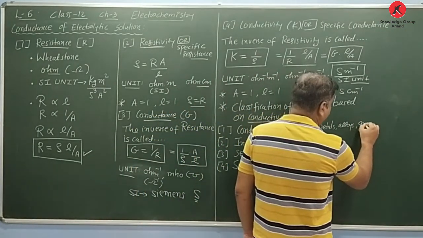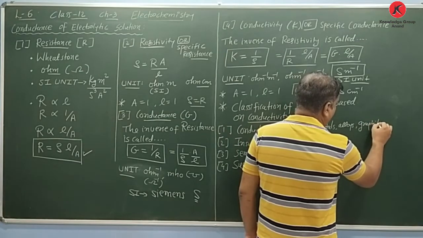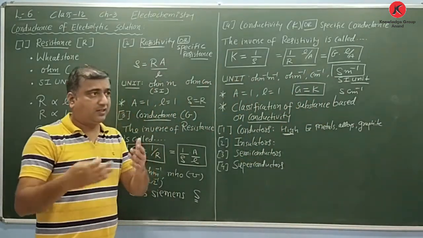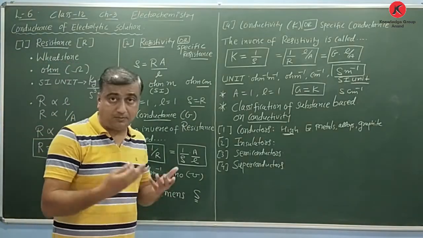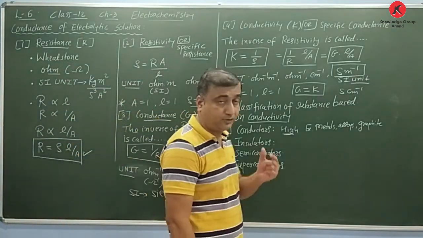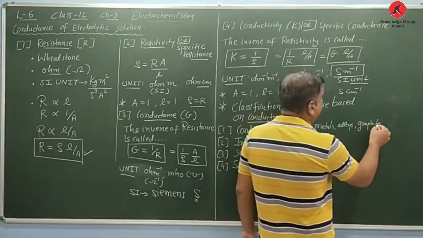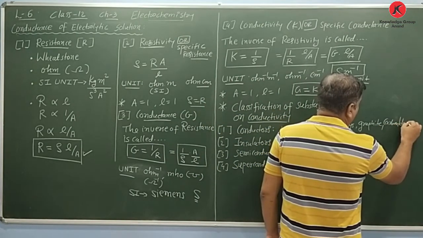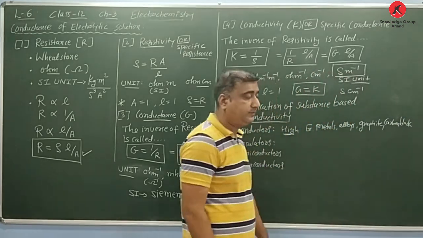Also remember, graphite is also a conductor of electricity. Certain organic polymers also act as conductors. Carbon black also acts as a conductor.